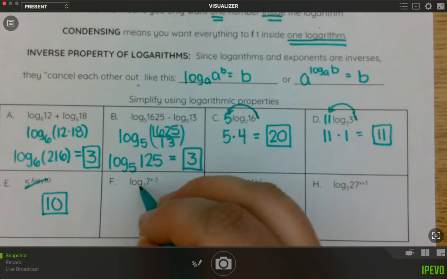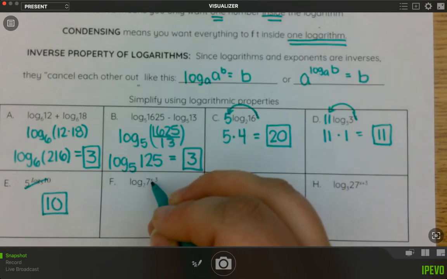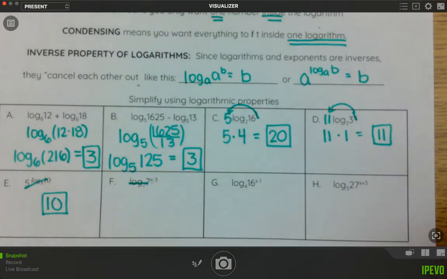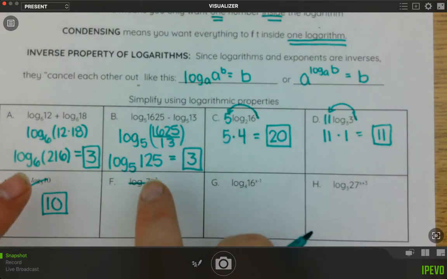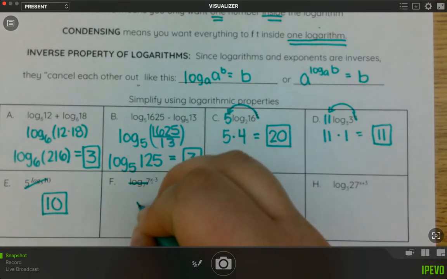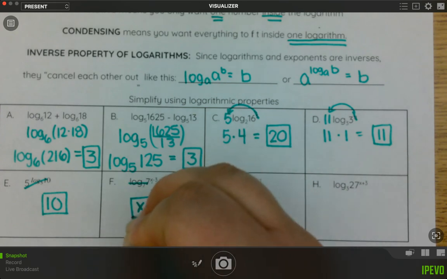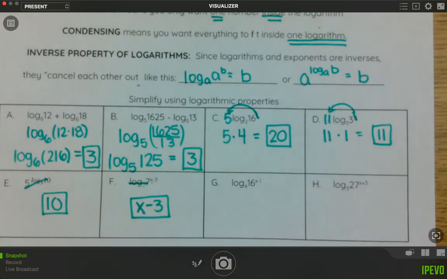Over here, you've got a 7 as the base and a 7 as the base. Those cancel. That's the whole point. See how they were slightly different forms? They still cancel. And it's just x minus 3 left. So a little bit weirder of a problem, but same idea, same difficulty. The thing about these is they look super difficult, but they're really not that bad.